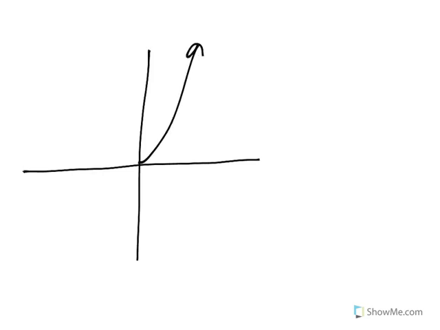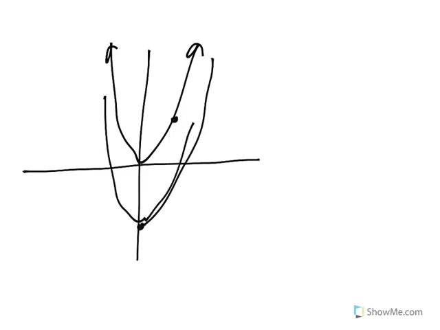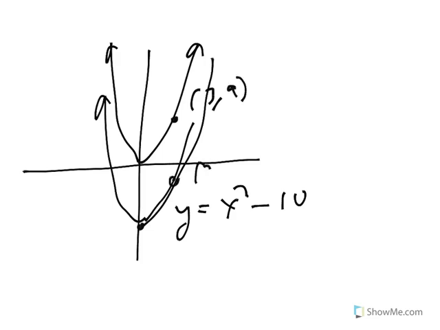Now, if it's not y equals x squared, but it's something like y equals x squared minus 10, if it's shifted up or down, the rule still holds. So here's 3, 9, and here's 3 comma minus 1.